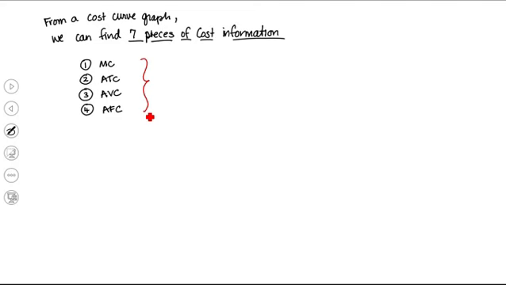All we have to do is read heights of the cost curves. So all 4 of those things come from just reading the heights of the costs.